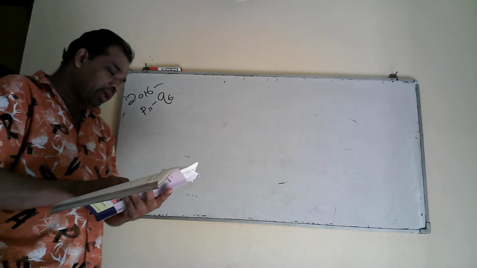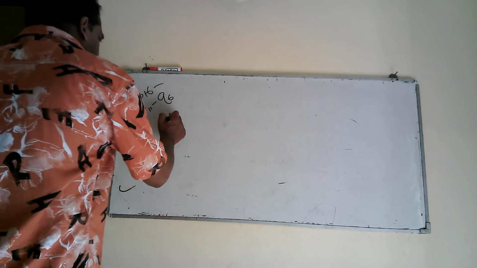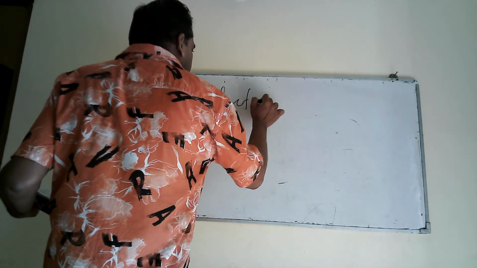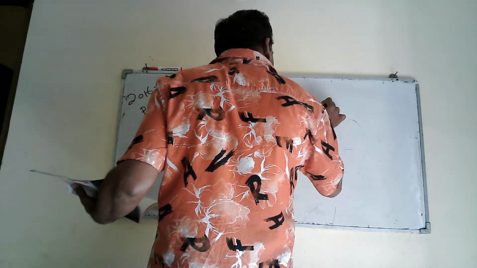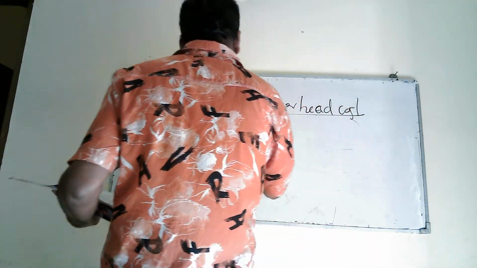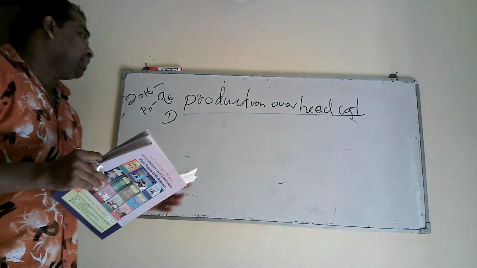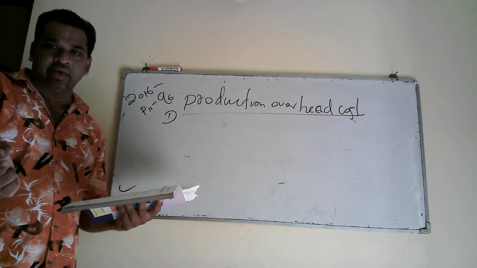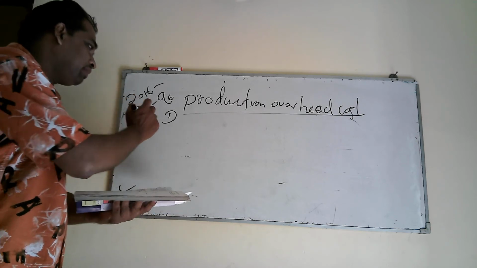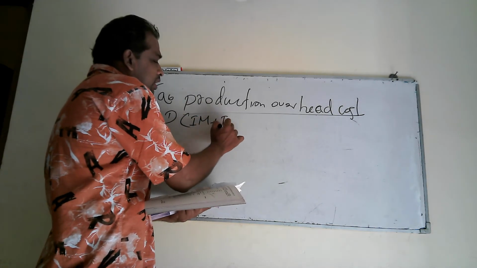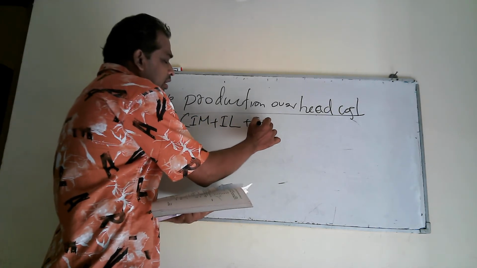Right. First part, production overhead cost for the month. Right. Production overhead cost. Production overhead cost. That means indirect cost. Okay. Indirect material, indirect labor, and indirect other cost. Addition of indirect. Here we can mention indirect material, indirect labor, and indirect other cost.